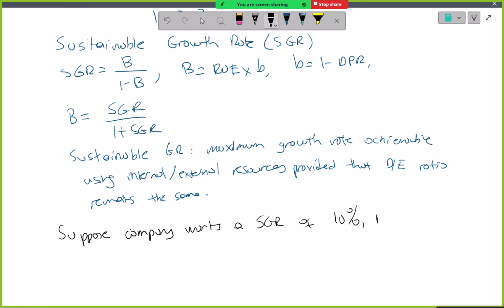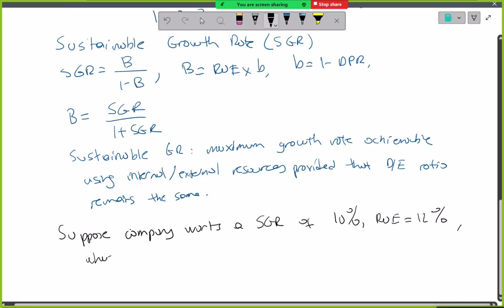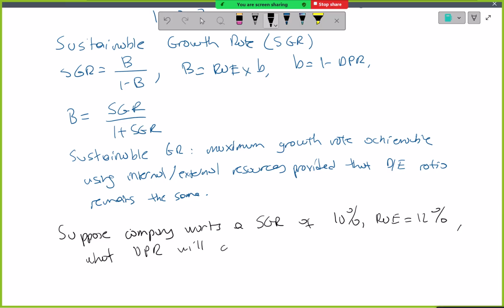Let's say that ROE equals 12%. What DPR will guarantee the SGR of 10%? Okay.